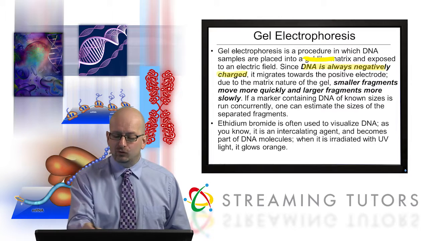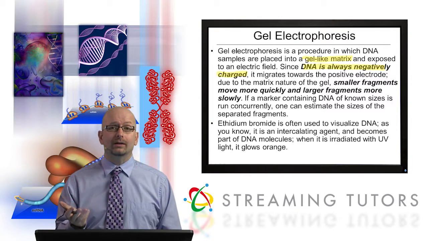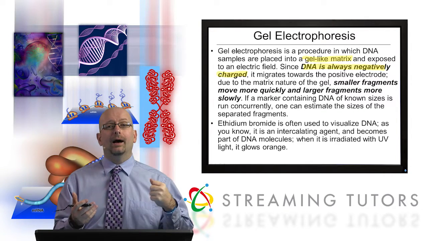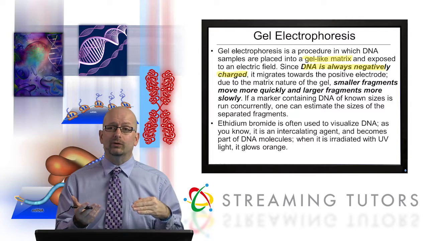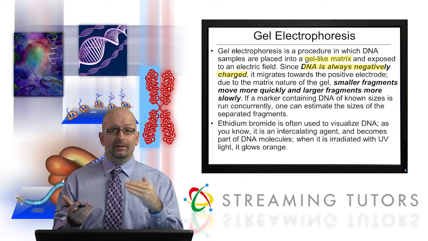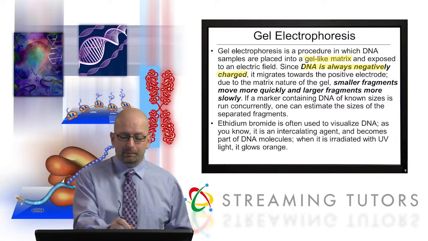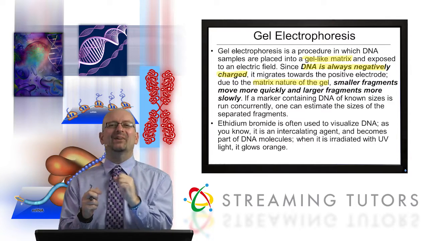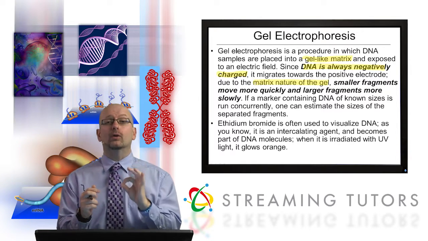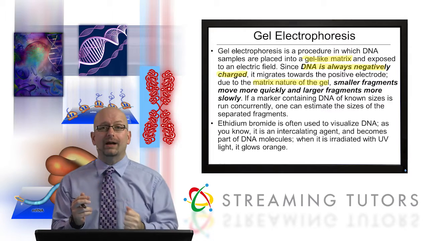So you make this gel, and it really is like gelatin. It's a matrix. You put the DNA in that gel and expose it to an electric field. The fragments will start moving, but because of the matrix nature of the gel, what I mean is if you could shrink down and look at the gel, you'd see that there are little holes in it. It's like a porous solid.